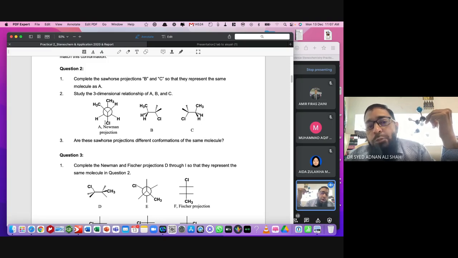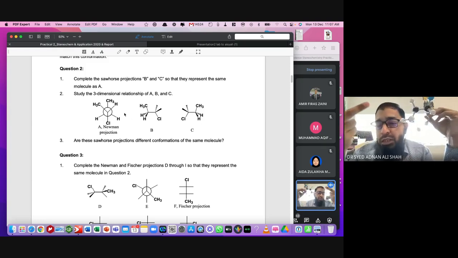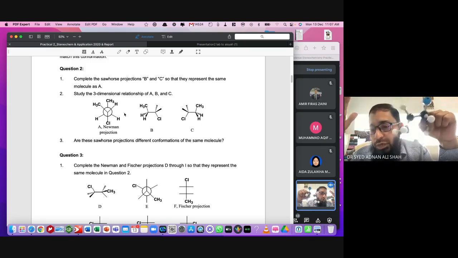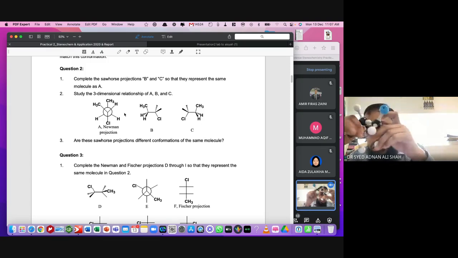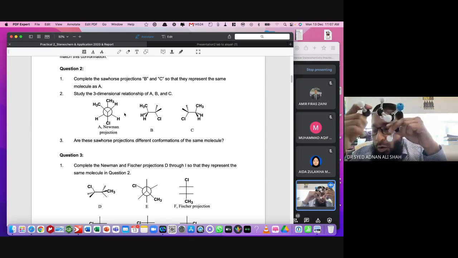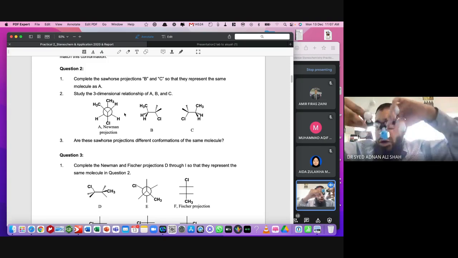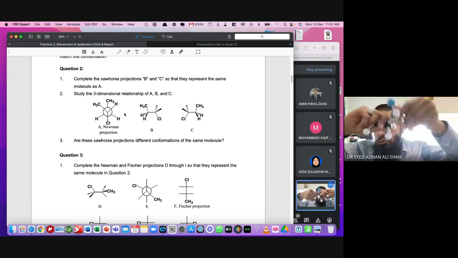So these are the same molecule with the different conformation. Meaning that if one molecule has a different picture or different conformation, it is still the same molecule, because here the bond is not broken. If the bond is not broken, it means the molecule has a different conformation. You can see how the molecule can move like this, right?